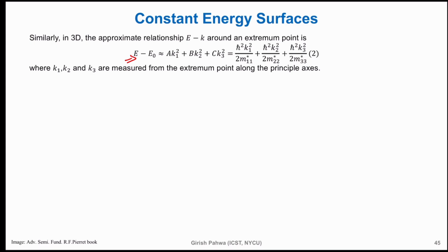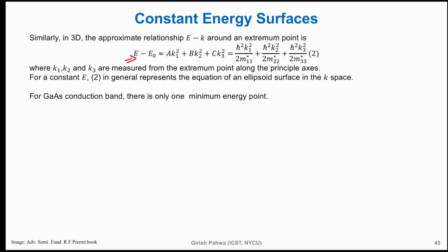Okay, now let's take an example, say gallium arsenide. For the gallium arsenide conduction band, you have only one minimum energy point. If you look at the EK diagram, not the energy band diagram, sorry, the minimum energy point is at the gamma point.